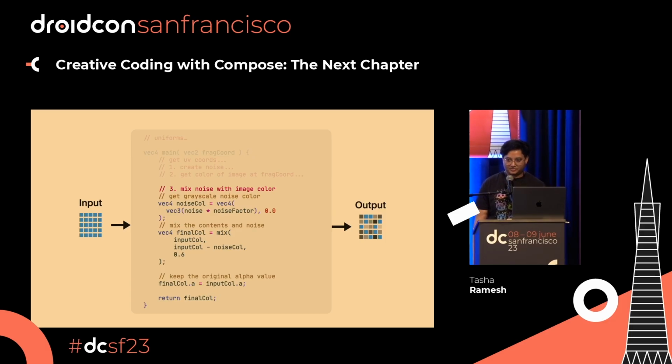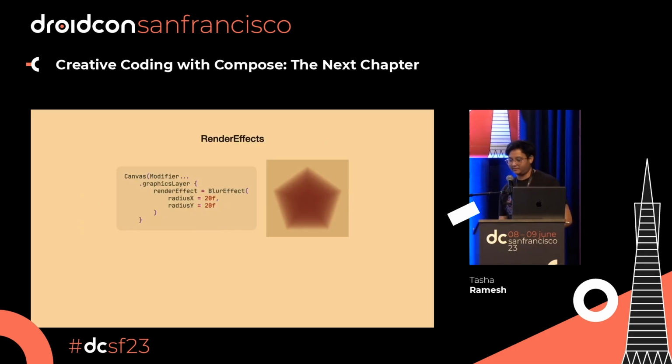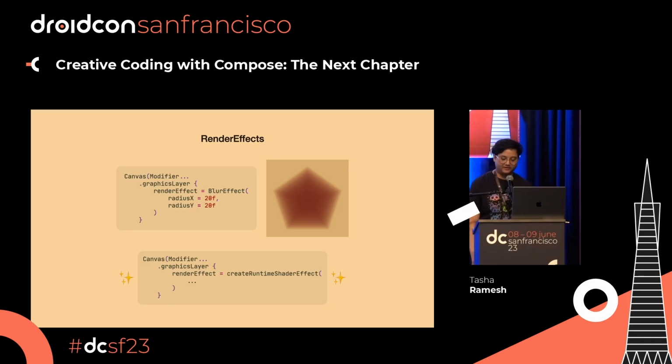But how do you actually use this in Compose? That's where we get render effects. You might be familiar with render effects because they're used to create blur effects and things like that. But instead, here we will use a runtime shader effect. And this is only available API 33 onwards.